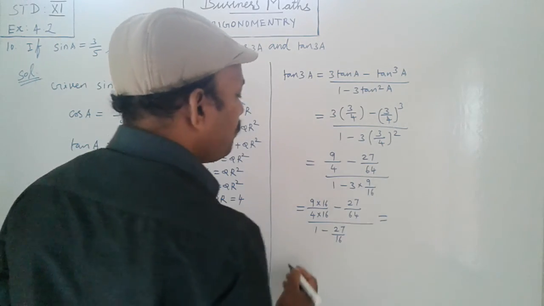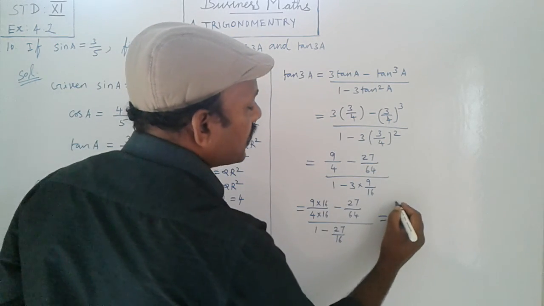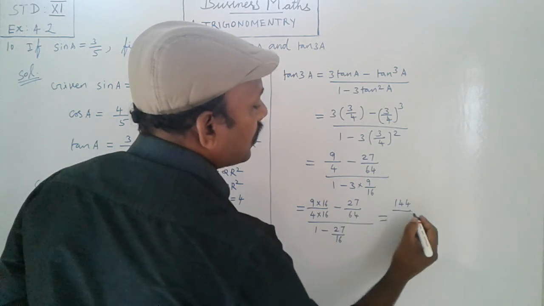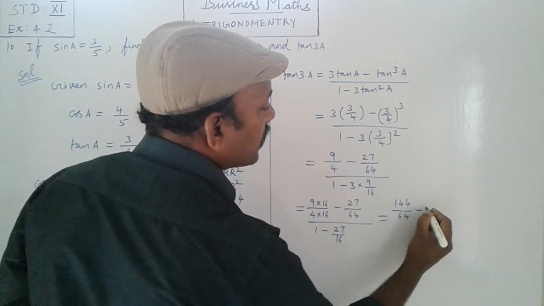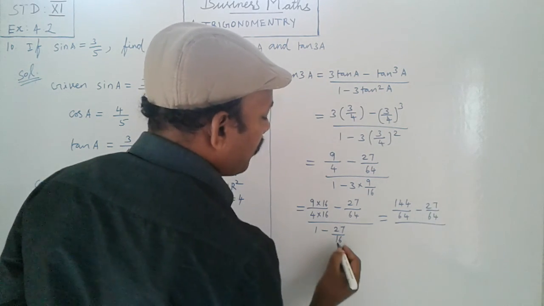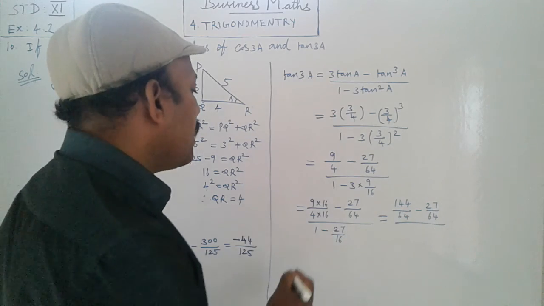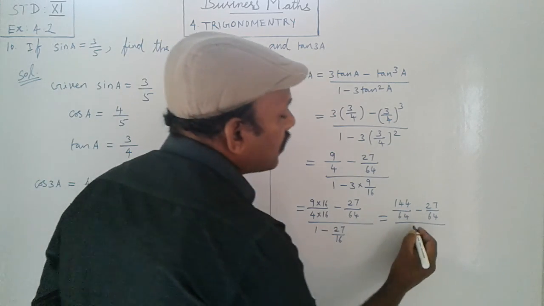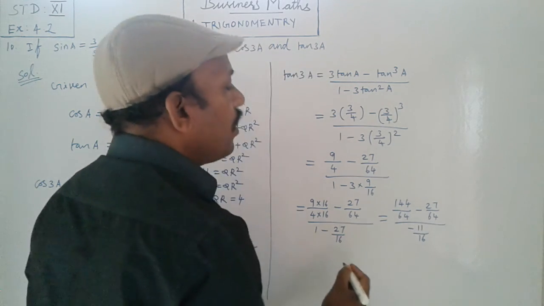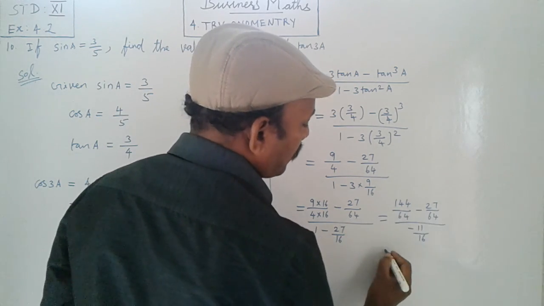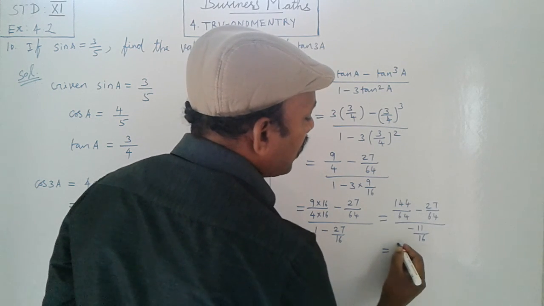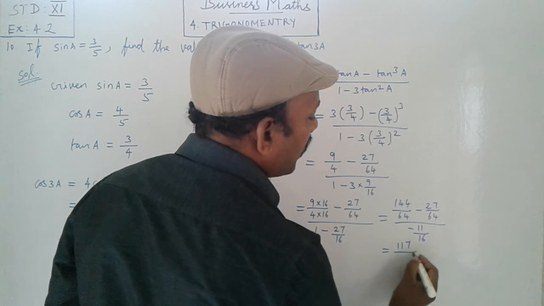That is equal to 9 16s are 144 divided by 64 minus 27 divided by 64, divided by 16 minus 27 is minus 11 divided by 16. So we subtract, 144 minus 27 is 117 divided by 64.